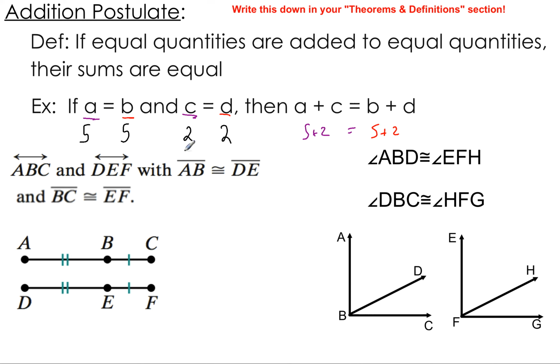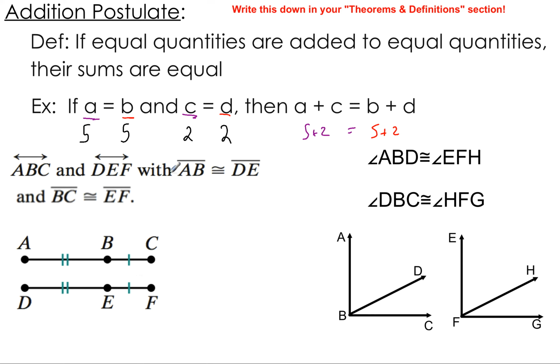So when is this used? Let's take an example. I have line ABC, and I have line DEF, with AB equal to DE, and we have these two hash marks showing that AB and DE are congruent, and BC equal to or congruent to EF. BC is the same size and shape as EF.